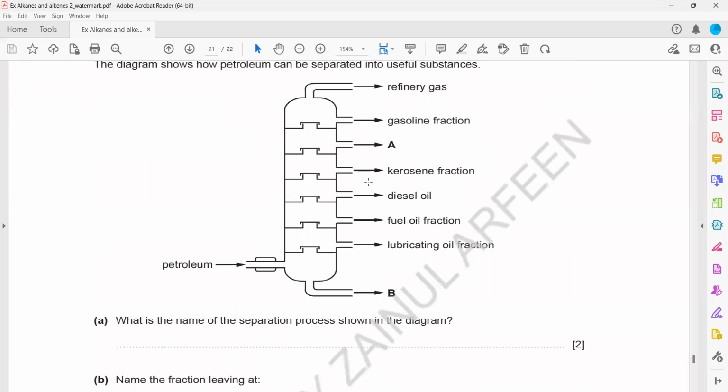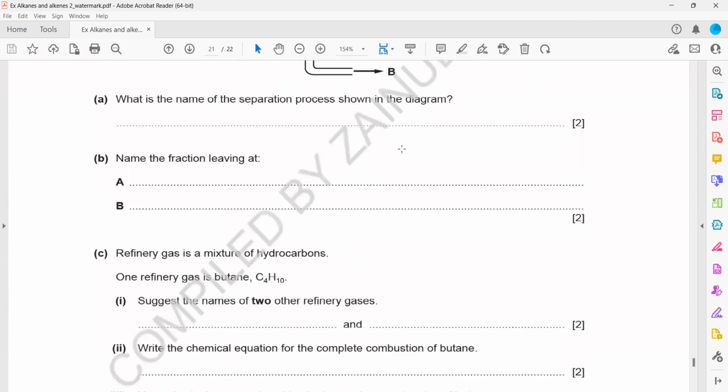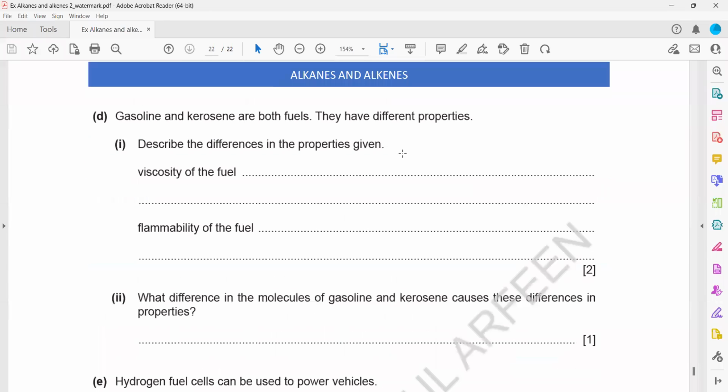The one which has a low carbon number can burn easily. So gasoline can burn easily as compared to kerosene. So viscosity, kerosene is more, but flammability, gasoline or petrol is more.